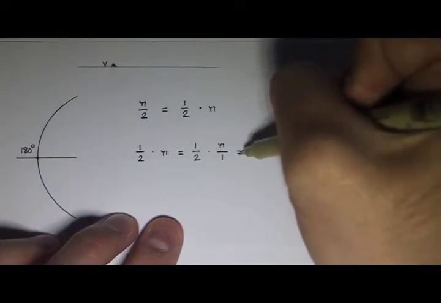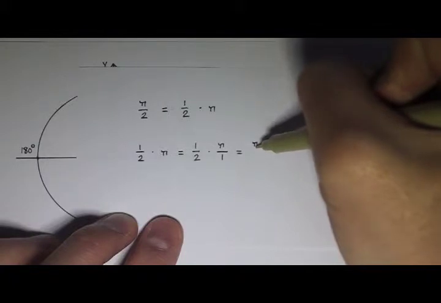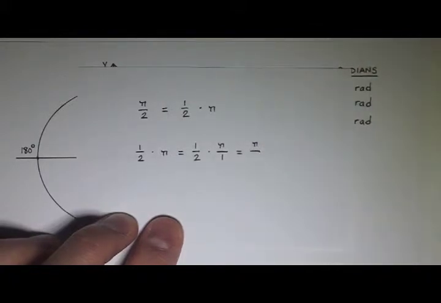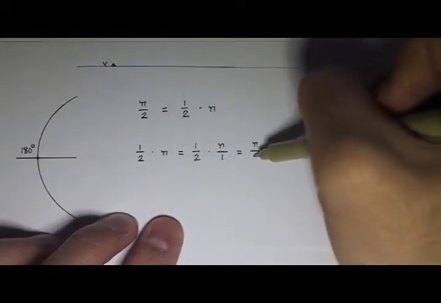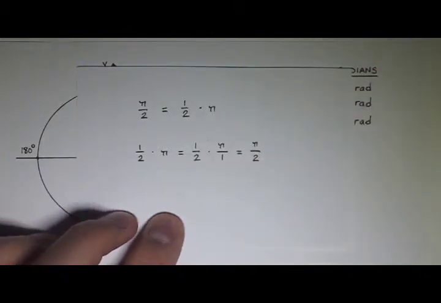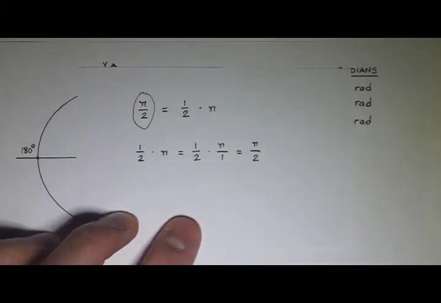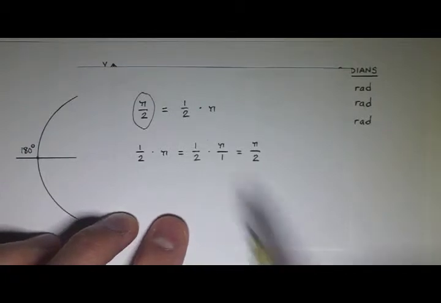When you multiply fractions, you multiply the numerators, 1 times pi is pi, and you multiply denominators, 2 times 1 is 2, so that's the same thing as pi over 2. It's just a different way of writing it. You're going to write it like this when you talk about radians, but it means the same thing as 1/2 times pi.